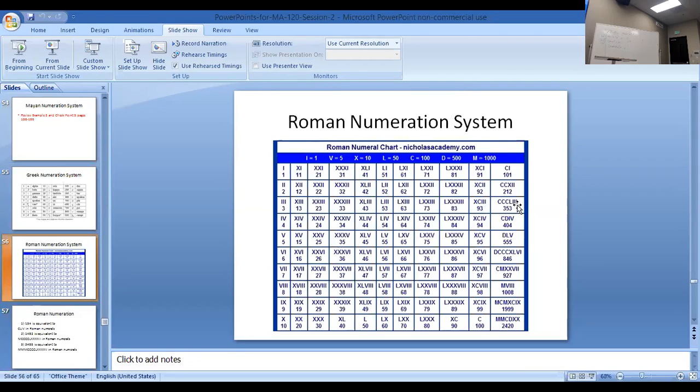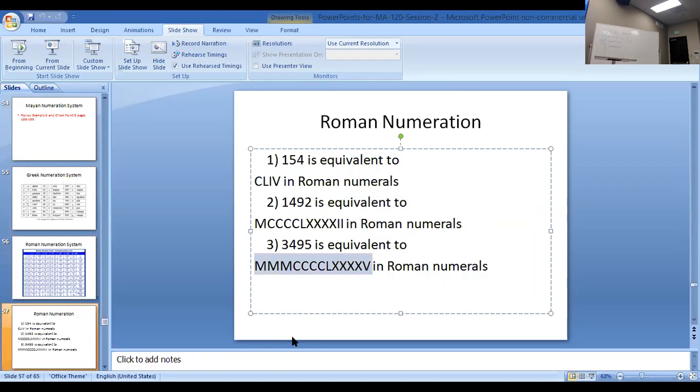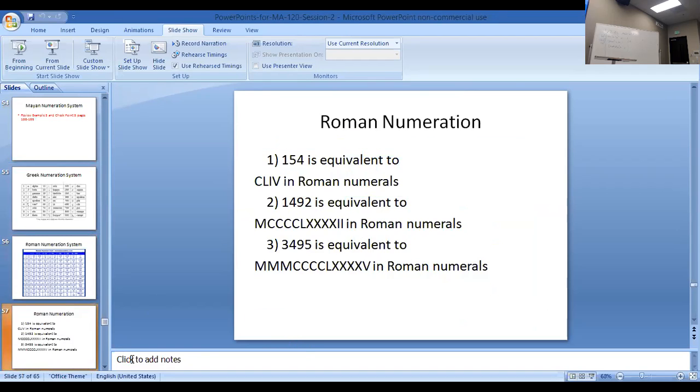You take that and add it to this one. So you put it all next to each other and it adds up. What was it? 1,492. I'm not going to even try to find it again.